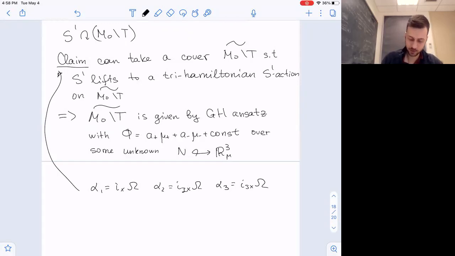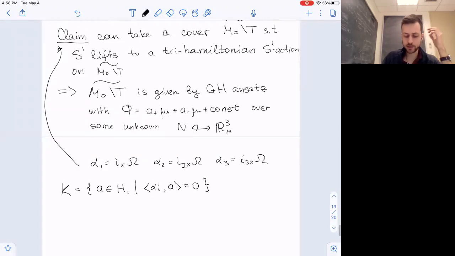How exactly it works: they are not exact essentially because they integrate to something non-zero over some cohomology classes. So let's denote by K the set of homology classes over which alpha I integrate to 0.